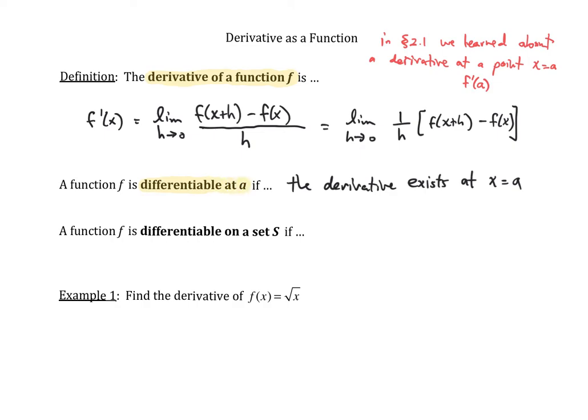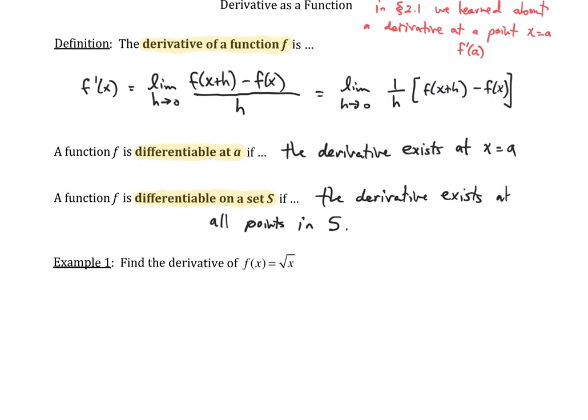A function is going to be differentiable on a set S if the derivative exists at all points in your set S. Okay, so we've done lots of examples where we calculated limits. Now they're going to be framed in the context of calculating the derivative of a function. So we'll look at a bunch of examples together in class.